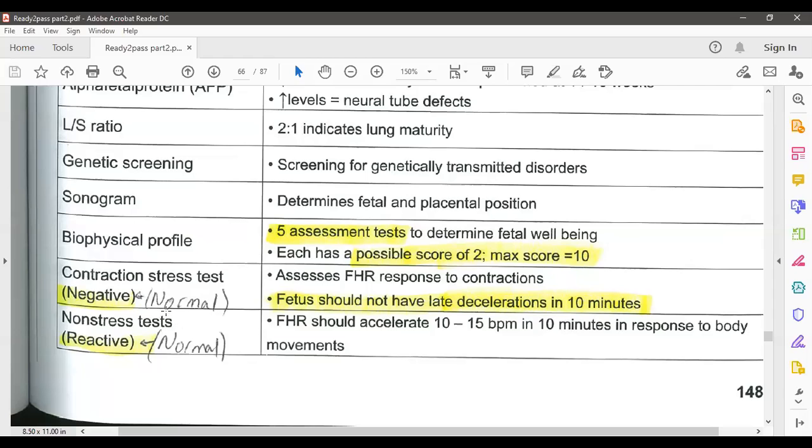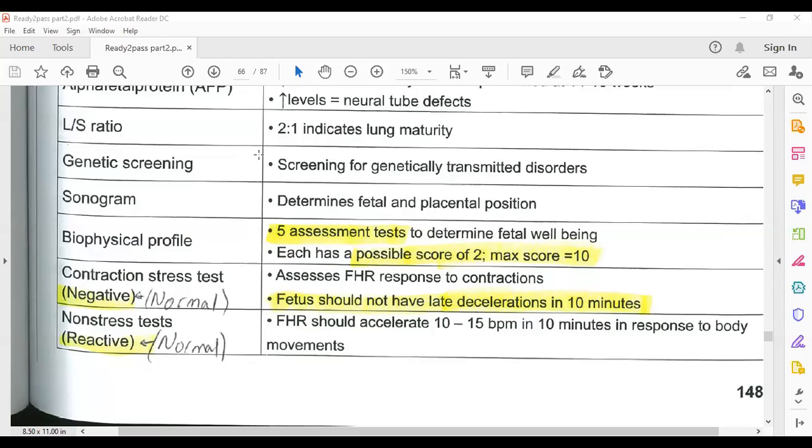When the contraction stress test is negative, it means this is normal. If it is negative, it is a normal finding: no late deceleration of fetal heart rate with 3 contractions in a 10-minute period.